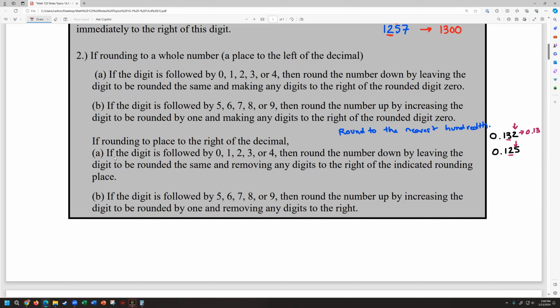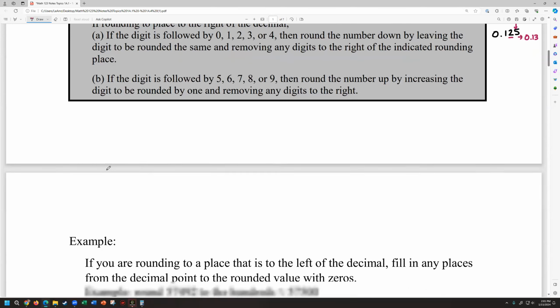So when you're in the whole numbers, you do have to add in those zeros all the way down to the decimal point. But when you're rounding to decimal form, you drop off the remaining digits. So for this one, this would bump up to 0.13, and we would drop off that last digit. They both have the same answer, but this one is followed by a number that doesn't make it round up, and this one is followed by a number that makes it round up.